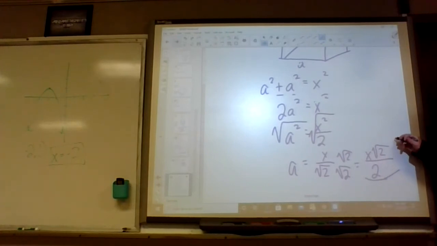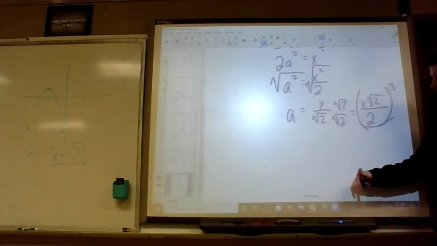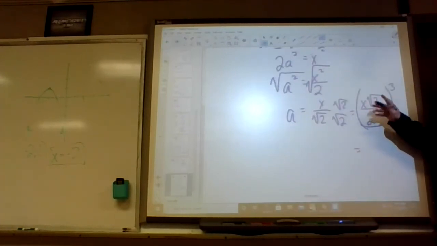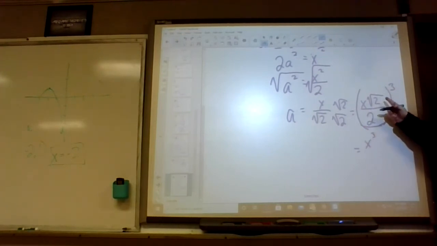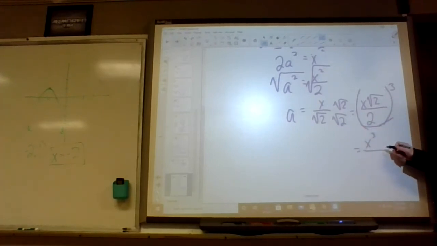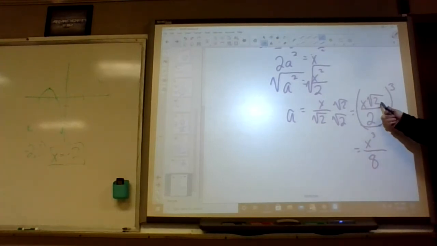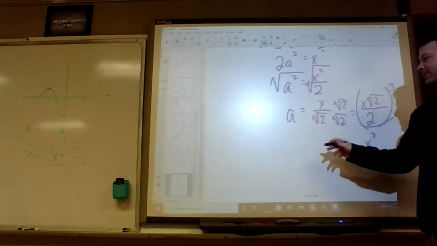So what do I do with this? Cube it. Okay, this is where the fun starts. Everything in here is going to get cubed. What's x to the third power? x cubed. Let's do the denominator. What's 2 to the third power? 8. 2 times 2 is 4, times 2 is 8. What's the square root of 2 to the third? We did this one earlier, remember?